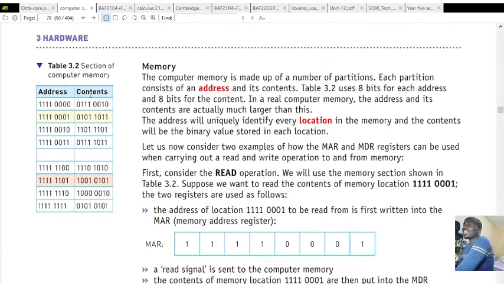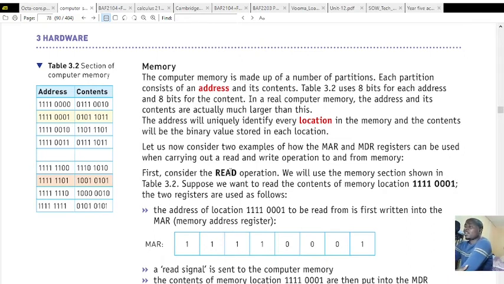The address will uniquely identify every location in the memory, and the content will be binary values stored in each location, as you can see. On the left we have the address, and on the right we have the content in those addresses. So let us now consider two examples of how the MAR and MDR registers can be used when carrying out read and write operations to and from memory.